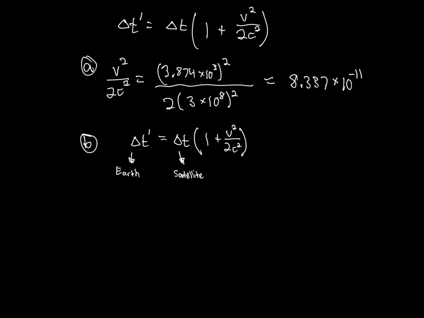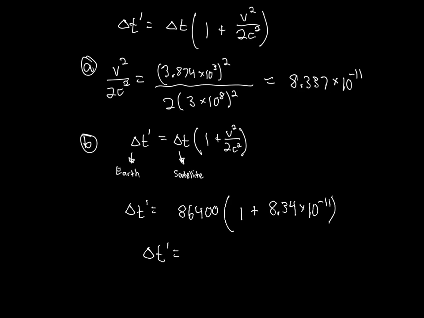Look back just a little bit. 86,400. Okay, so delta t prime equals 86,400 times 1 plus 8.34 times 10 to the negative 11. Plug that into your calculator and tell me what you get.